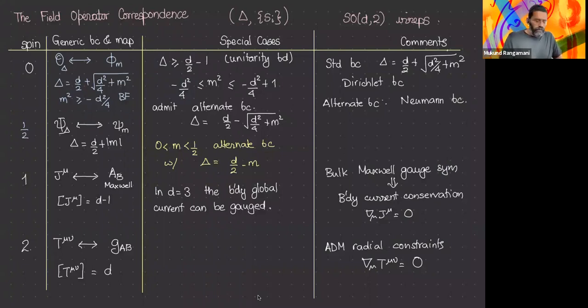The general rule is simply that the representation content on both sides must match. So the fields are organized in SO(d,2) irreps, as are gauge invariant single trace operators on the boundary, and one just tries to make an identification based on quantum numbers.